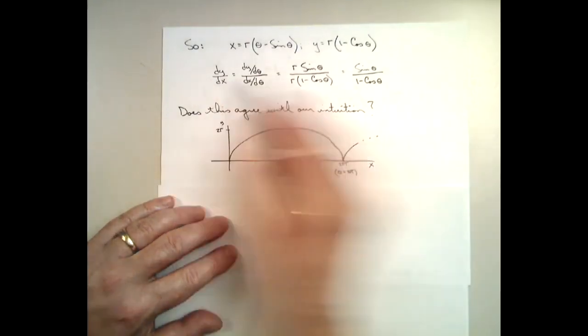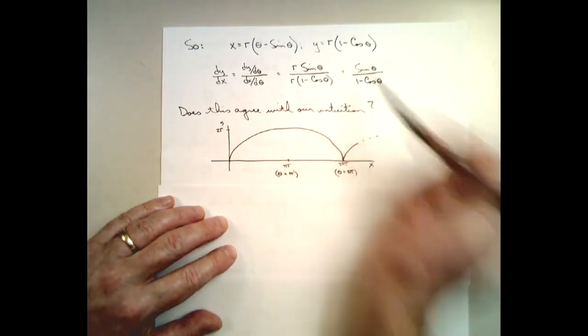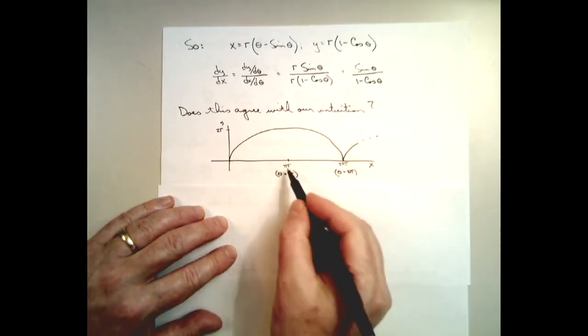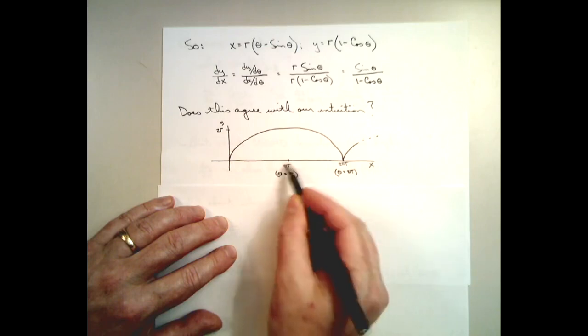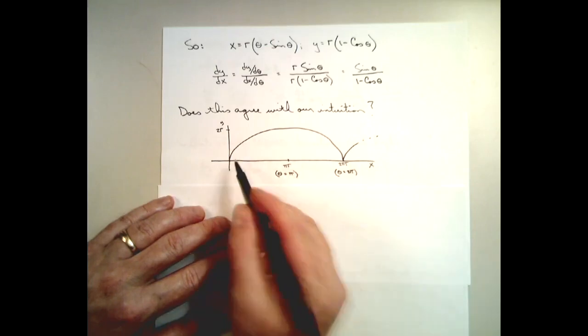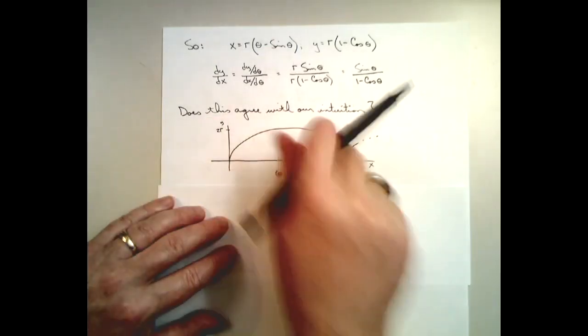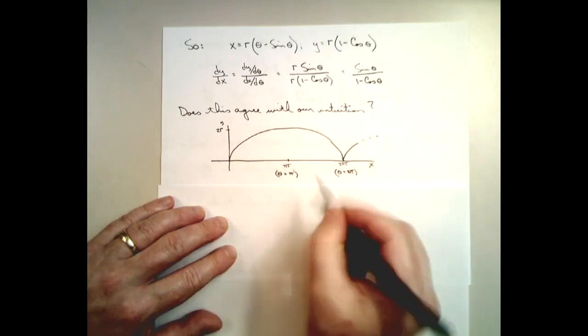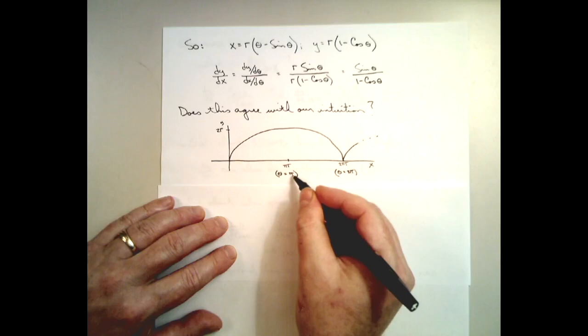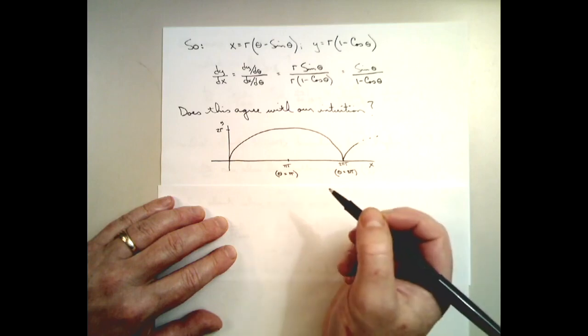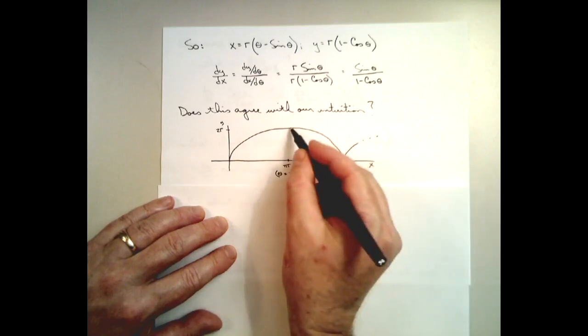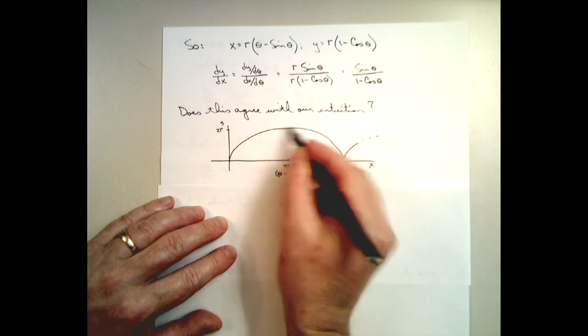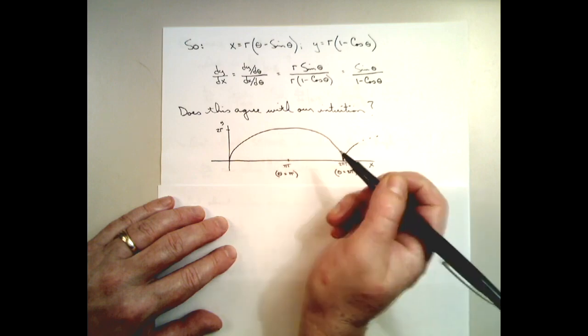Because dy dx is actually entirely in terms of theta. But pi times r happens whenever we are halfway through our rotation of the circle. So the circle has 2 pi radians in it, so halfway through we're going to be at pi radians. And it looks like we should have a slope of 0 at that point. And let's just see what that gives us.